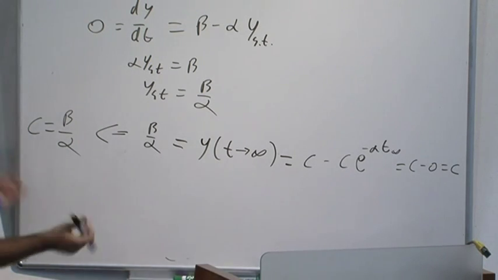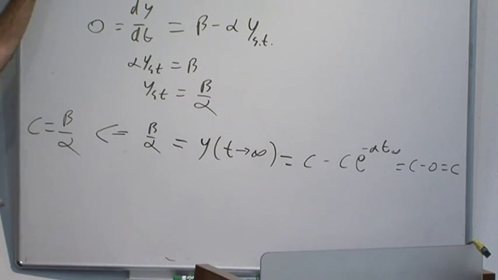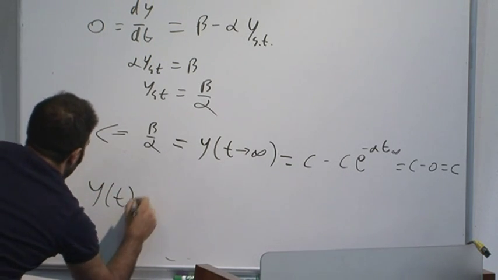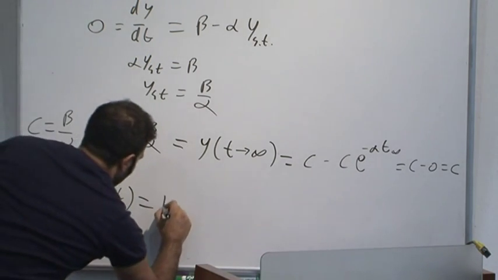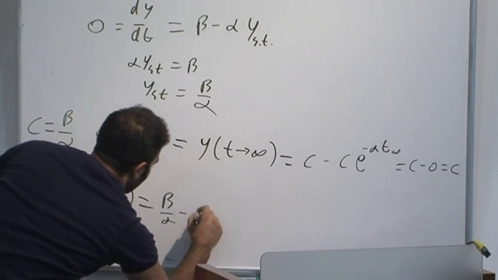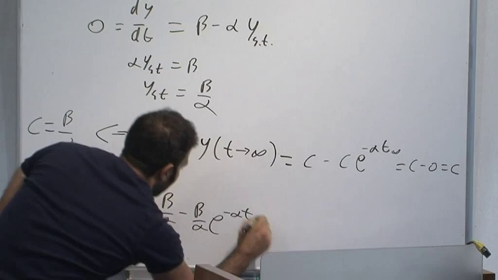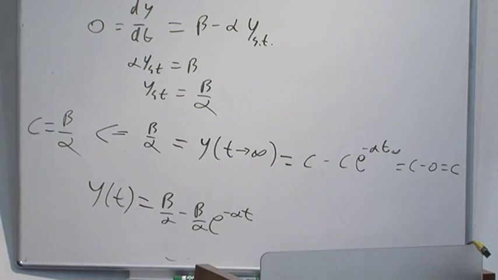Okay? So now we have the full solution. We have y of t equals beta over alpha minus beta over alpha e to the minus alpha t. And this is the full solution for the full equation.